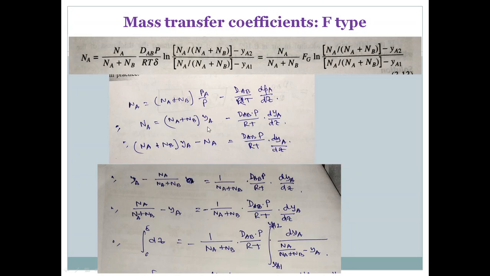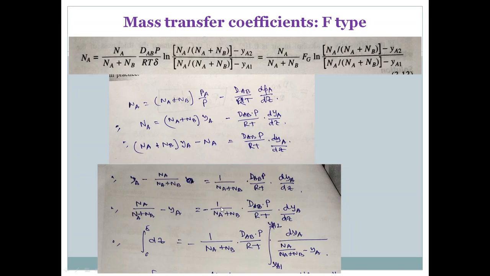Now if you take this side, Na plus Nb minus Na, and take this to the other side, then dAB P by RT dy by dz. Now if you take Na plus Nb in the denominator, so yA minus Na by Na plus Nb, this will be 1 by Na plus Nb into this term, dAB P by RT dy by dz.